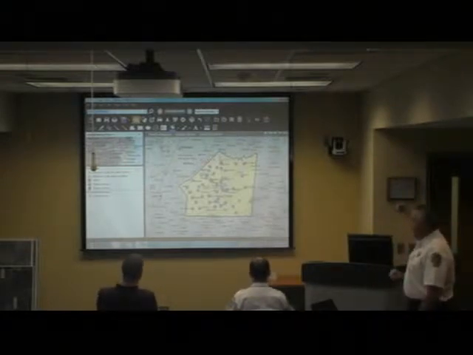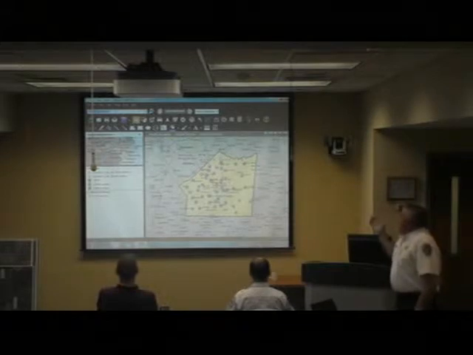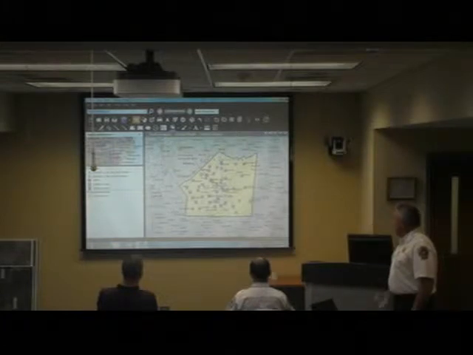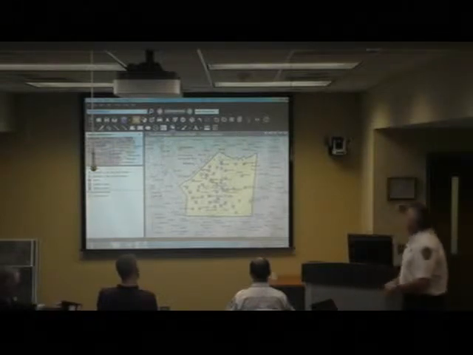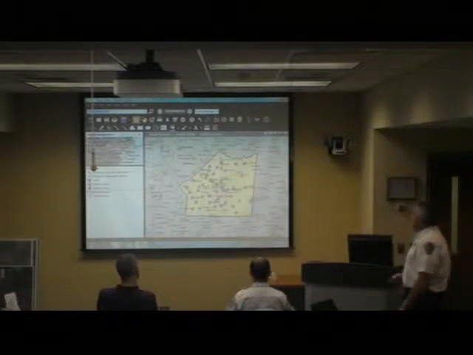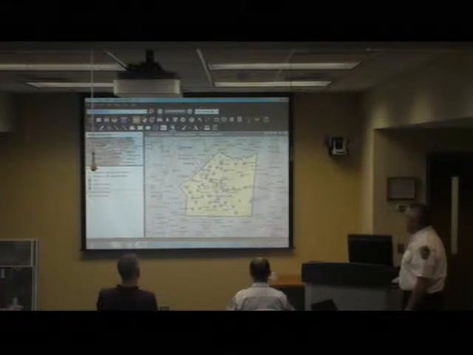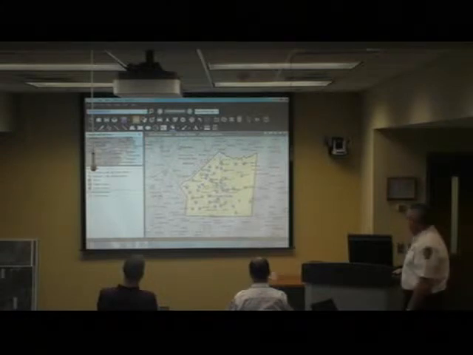What I've done is use MapPoint software from Microsoft. What you're seeing now is a scale of the county. You will notice, hopefully you can see, I can't blow it up too much more, but the red circles that have numbers in them are your fire departments.